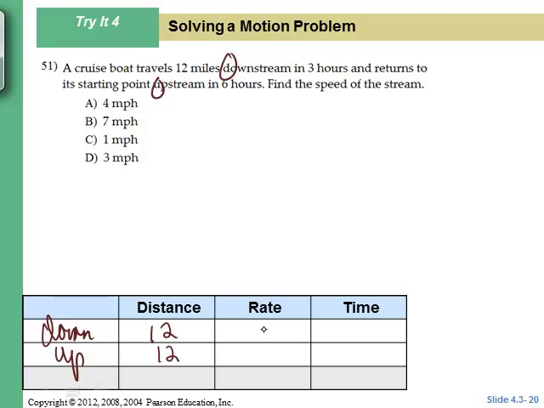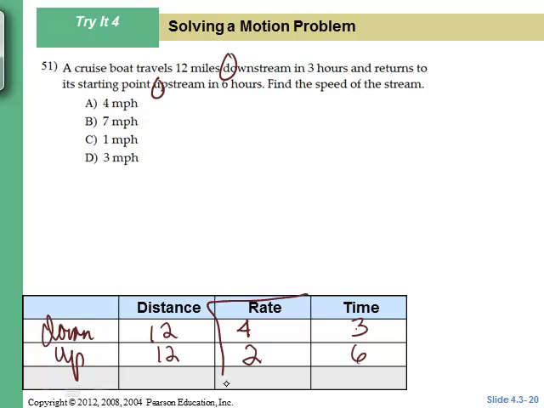The time down is 3. The time up is 6. Find the speed of the stream. Well, 12 divided by 3, this is 4. 12 divided by 6, this is 2.